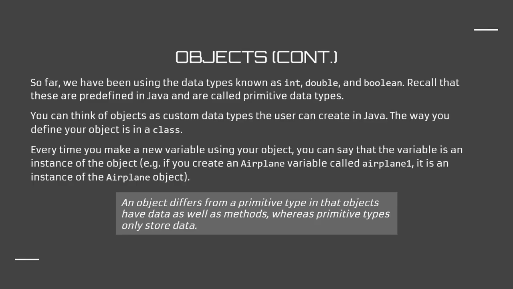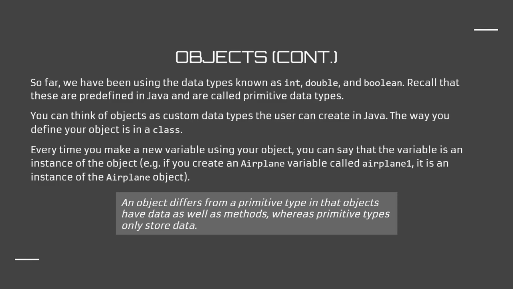So with objects, you can basically make variables using them as the data type, just like you can make an int variable or a double variable. Every time you make a new variable using your object, you can say that the variable is an instance of that object. For example, if you create an airplane variable called airplane1, it is an instance of the airplane object.